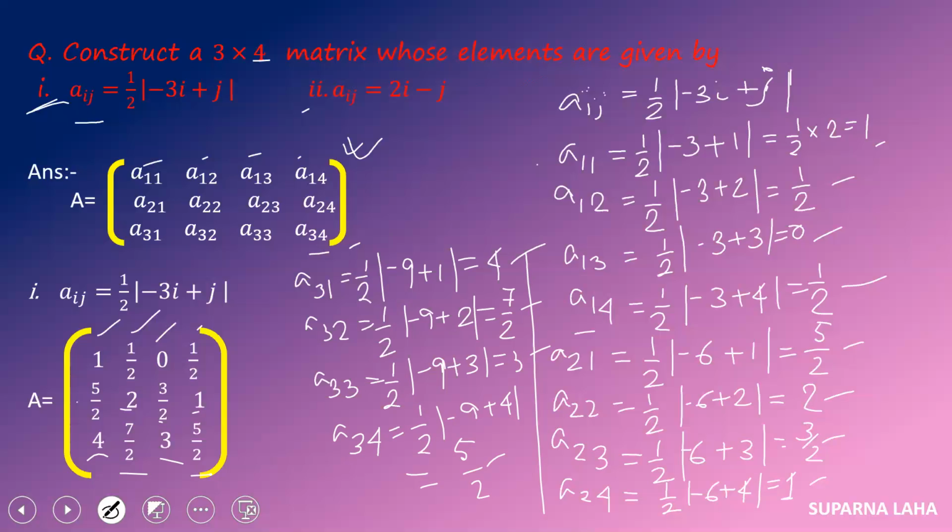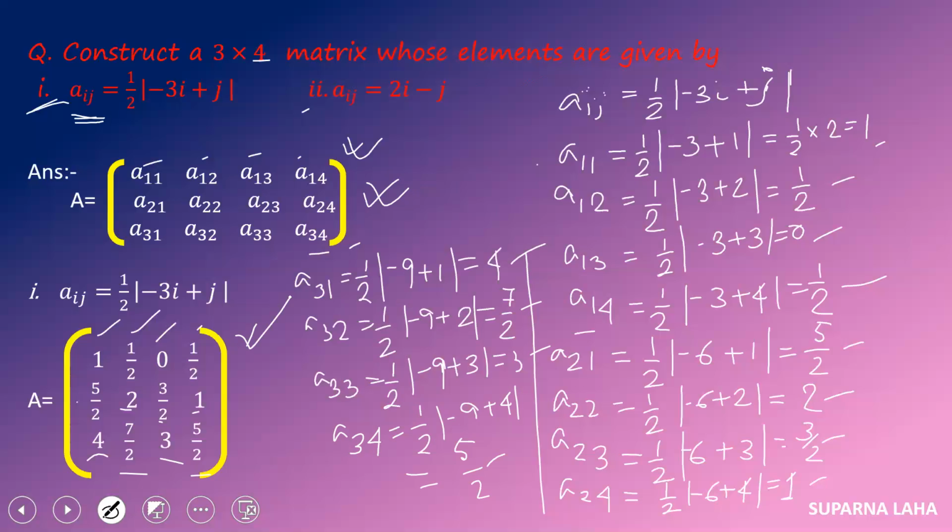So if any Aij representation is given, then you can easily find the matrix. Whatever the order is, you can find the elements of this matrix. So here is the answer; write down all the values and all the calculations.